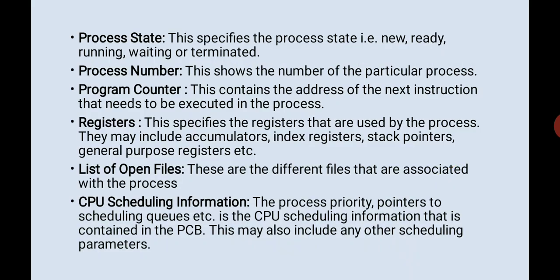Okay. The first one is the process state. What is the process state? This specifies the process state, that is new, ready, running, waiting, terminated. We discussed in the previous lecture the various states of a process, if you remember. When the process was about to be created, it was new.